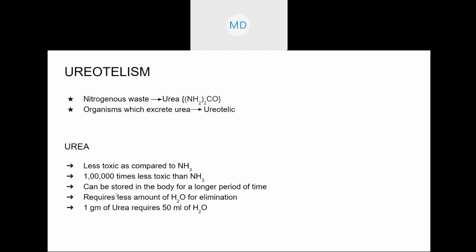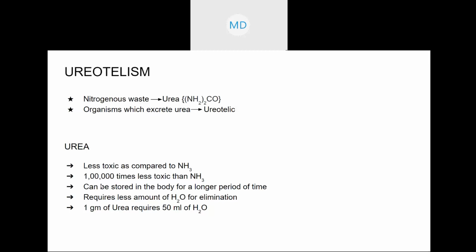But in the case of urea, since it is 1 lakh times less toxic, it can be stored in the body for a longer period of time. It need not be removed as soon as it is formed.